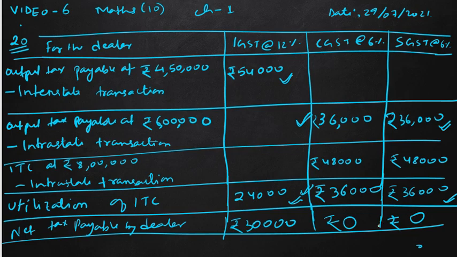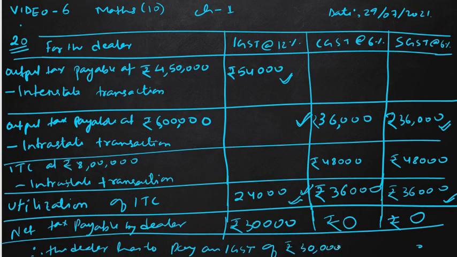So in the final step, what we can conclude is that the dealer has to pay an IGST of rupees 30,000 only, and there will be no CGST or SGST. CGST will be nil and SGST will be nil.